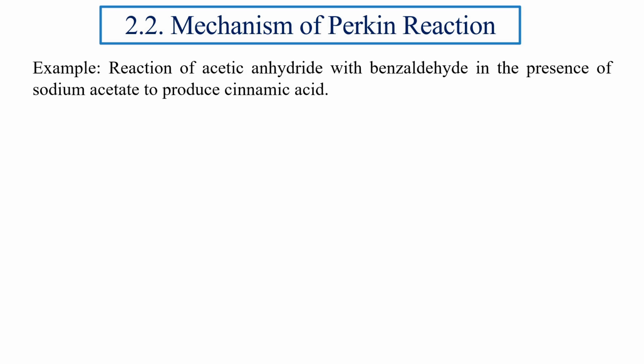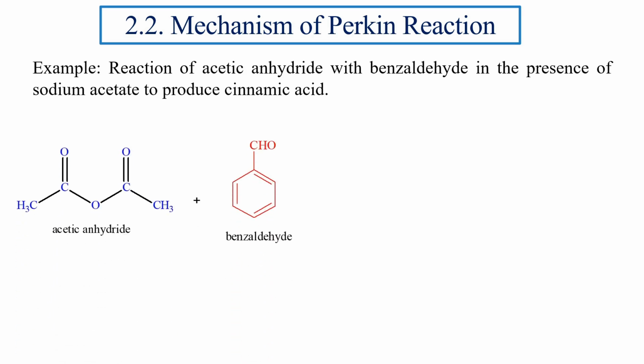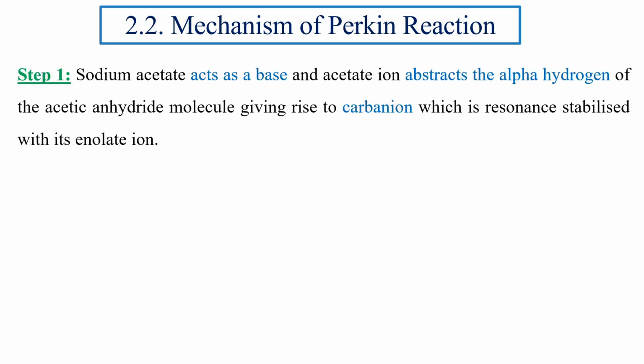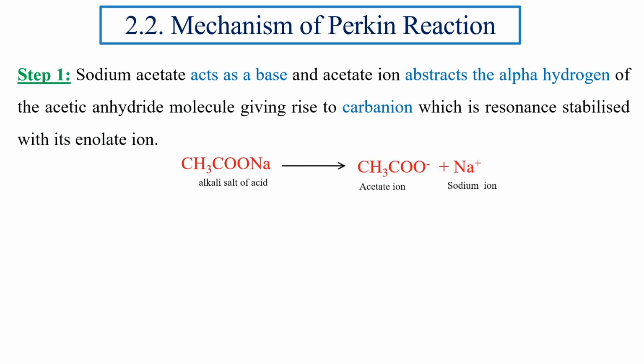Let us understand the reaction mechanism of the Perkin reaction. Reaction of acetic anhydride with benzaldehyde in the presence of sodium acetate produces cinnamic acids. Sodium acetate acts as a base. In solution, sodium acetate dissociates into sodium ion and acetate ion.